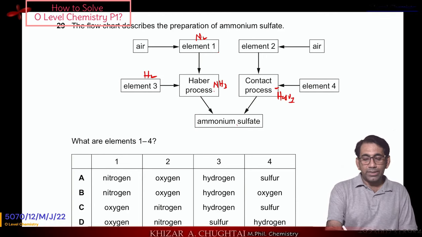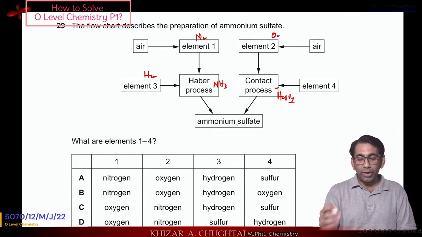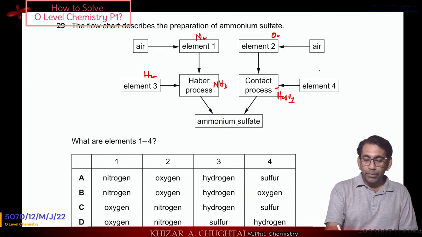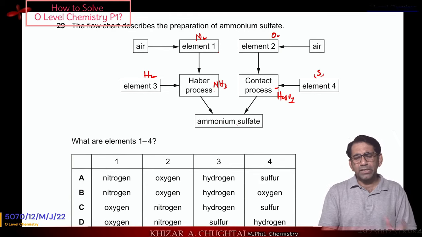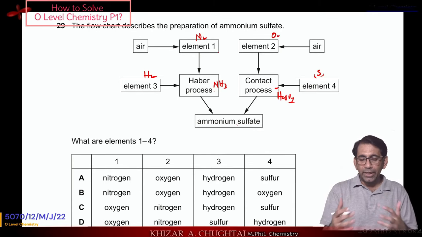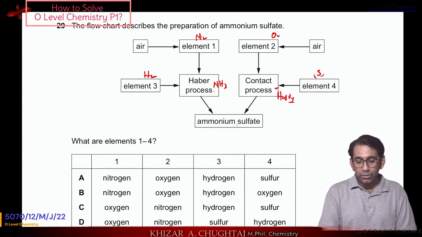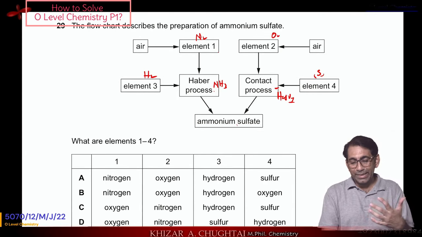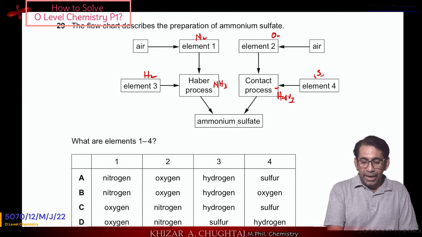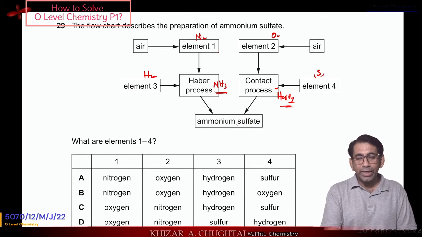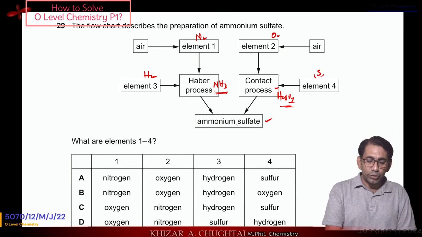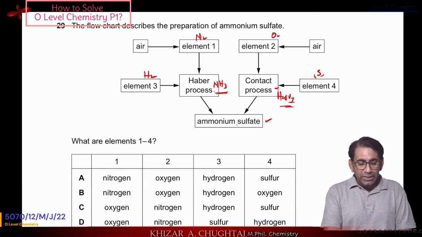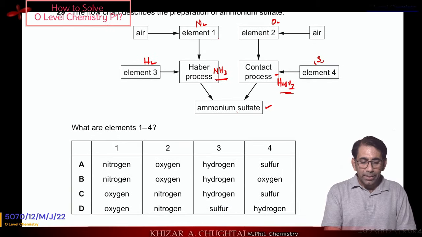Air is going to provide oxygen. Element 4 must be sulfur. The first step is roasting: sulfur is heated in the presence of oxygen, and finally we synthesize sulfuric acid. When NH3 and sulfuric acid meet together, they make the salt ammonium sulfate. What are elements 1 to 4?